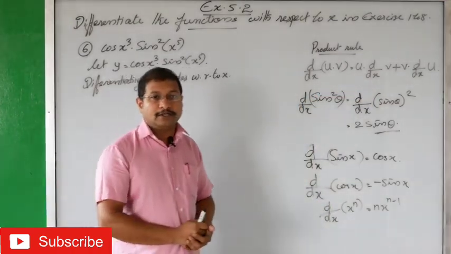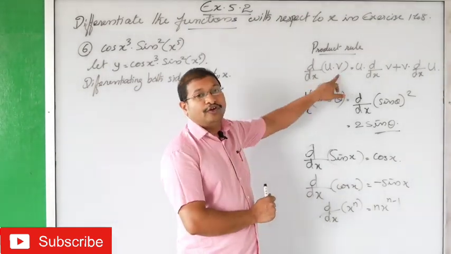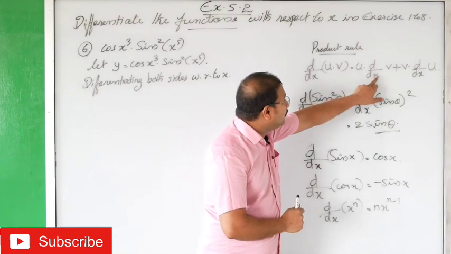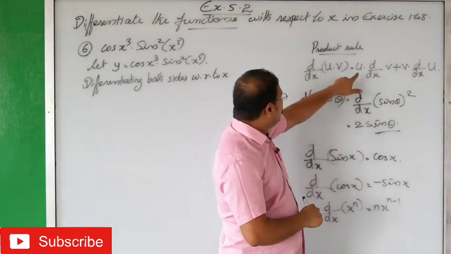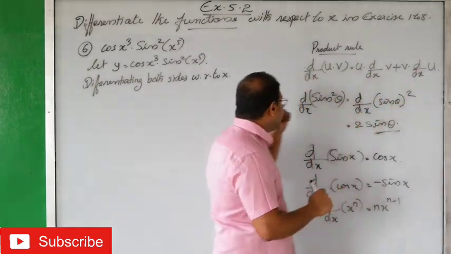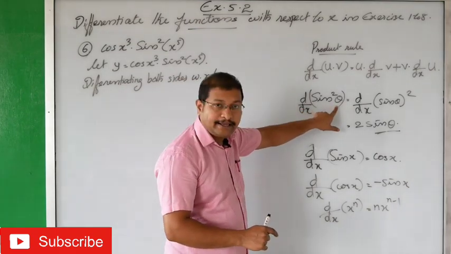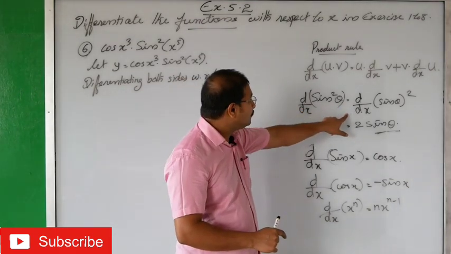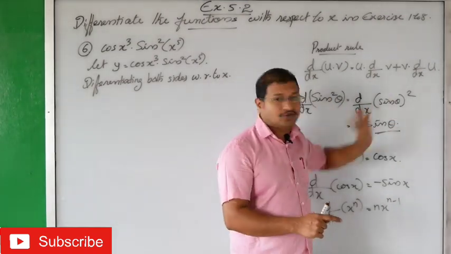Let's see the equations. Product rule, that is derivative of u into v equals u into derivative of v plus v into derivative of u, means what? First into derivative of the second plus second into derivative of the first. Next one, derivative of sine square theta, means you can write sine theta the whole square.